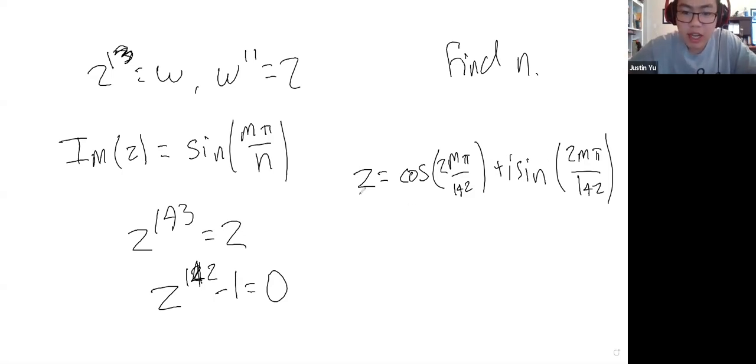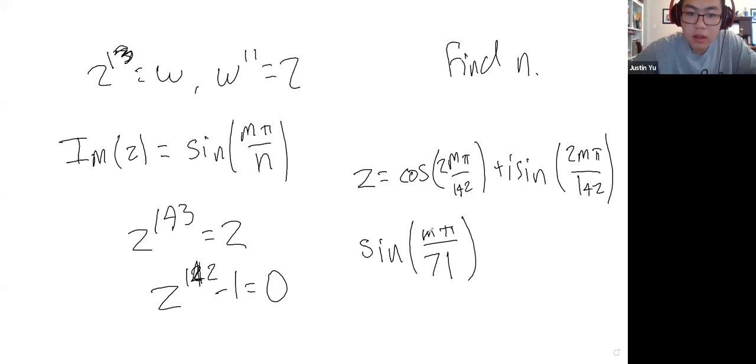All right, so what is the imaginary part of z based off this expression? The second part, right? And that is the sine part. And we can divide out this 2. So if we compare these two, what is n?